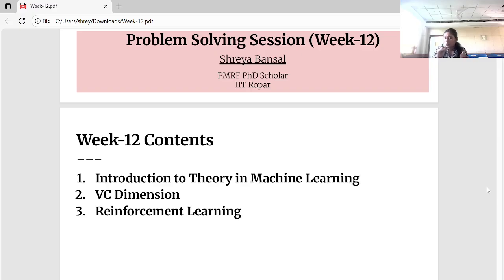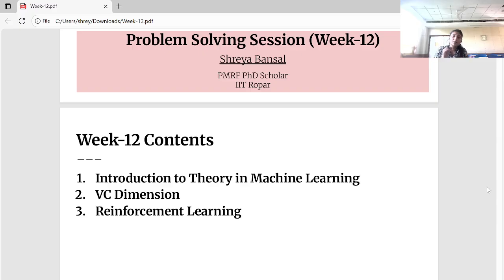But as you all know, the course of artificial intelligence or machine learning is one of the branches specifically from statistics and probability, right? Statistics and probability has a lot of concepts of mathematics, where you prove something using some equations or theorems. So here also, one of the key areas of machine learning arises from the theory perspective.